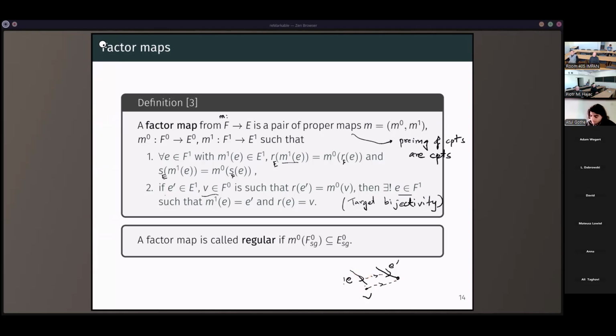How about phrasing it in the form of a pullback of the target map? We can do it in the discrete case, and I'm sure we can do it here.